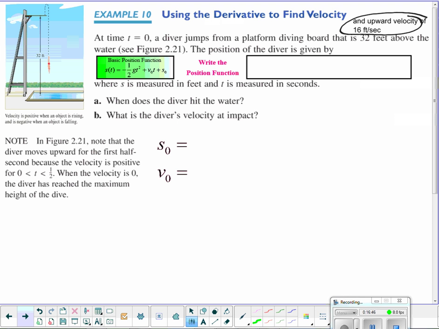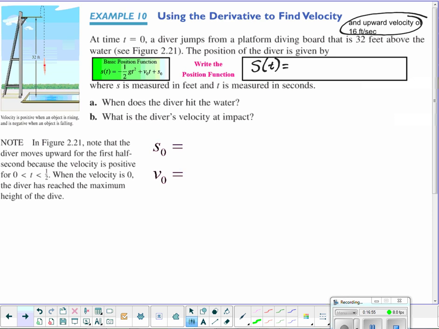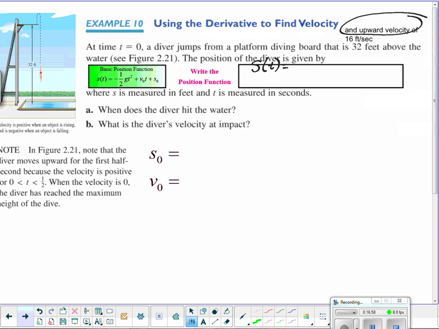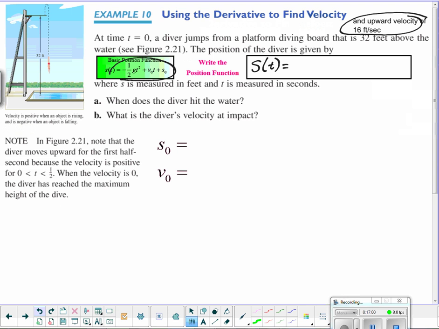Well, in order to answer those two questions, we first must get our position function. So s of t is equal to negative 1/2 g. I'm coming over to this general position function. Negative 1/2 times 32, because once again we're working in feet, 32 t squared plus initial velocity. It said he jumped upwards with a velocity of 16 feet per second.